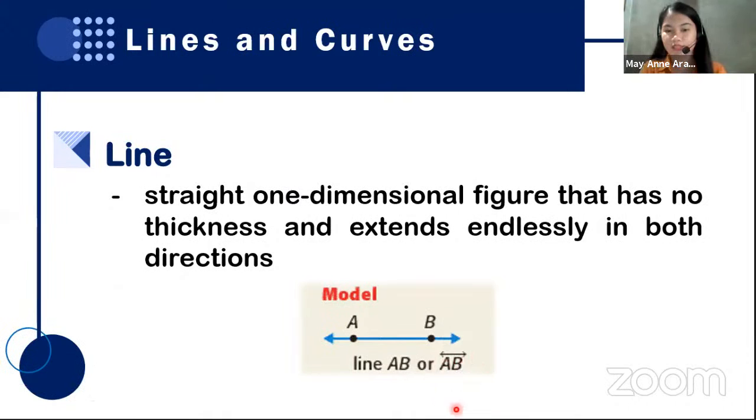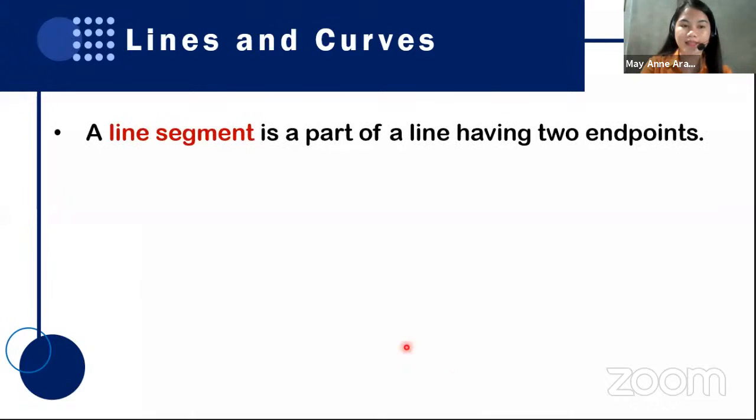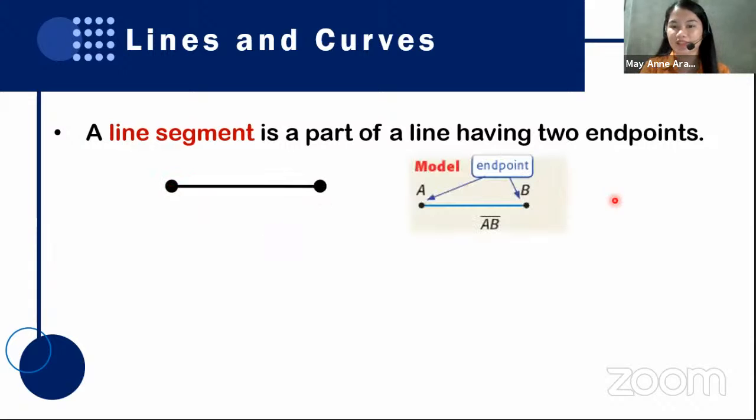And for a line segment, this is a part of a line having two endpoints. For the model, we have this. This is an example of a line segment, which can be written using this symbol.